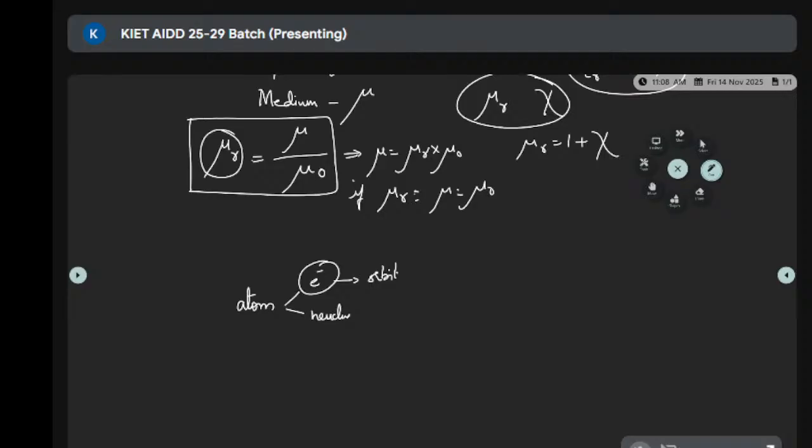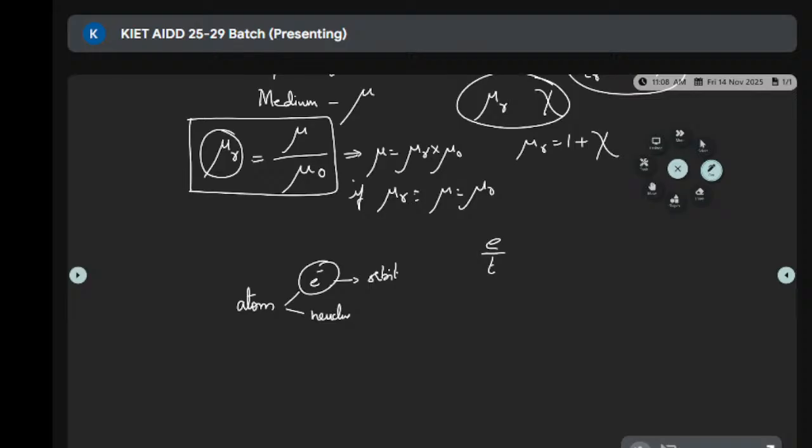How? What are orbiting around the nucleus? Electrons are orbiting around the nucleus. What is an electron? A charged particle. You studied the definition of current.